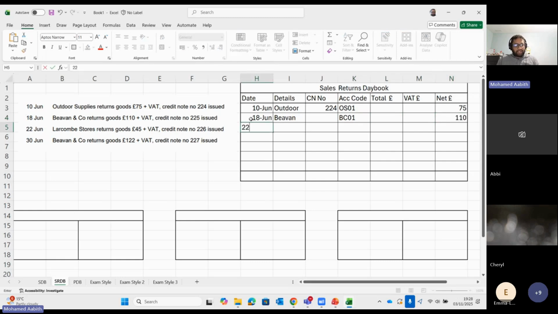And then we have 22nd of June, Lacombe, and this one is LR or LS01. So here we will see £45. Last one is 30th of June, and this is again B1, and this is BC01. So here this is for £122.